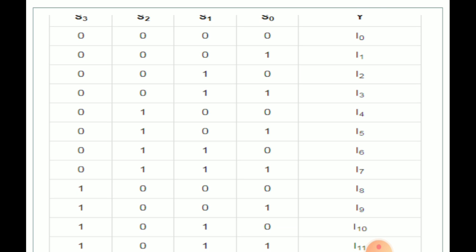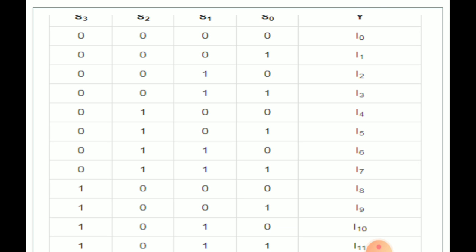On the second row, S1, S2, S3 will be 0 and only S0 will be 1. In that case, the input I1 will be routed to Y. This is similar to the 4 cross 1 multiplexer.